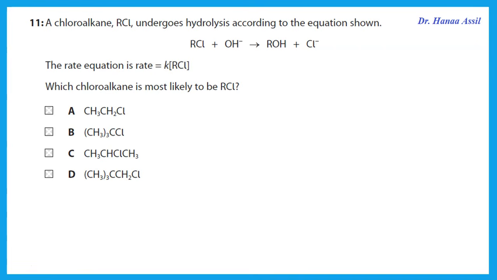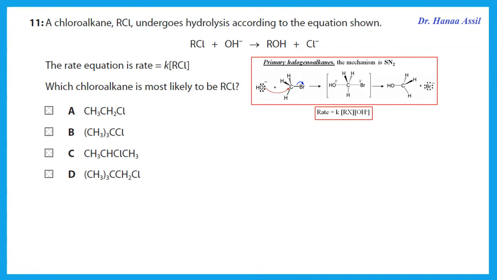Remember we said when we have alkaline hydrolysis of a halogenoalkane, either we have a primary halogenoalkane in which the hydroxide ions attack at the same time that the halogen leaves. So bromine or chlorine leaves at the same time that the OH is attacking, and that means both of them are involved in the slow step of the reaction, and the rate equation involves concentration of both reactants.